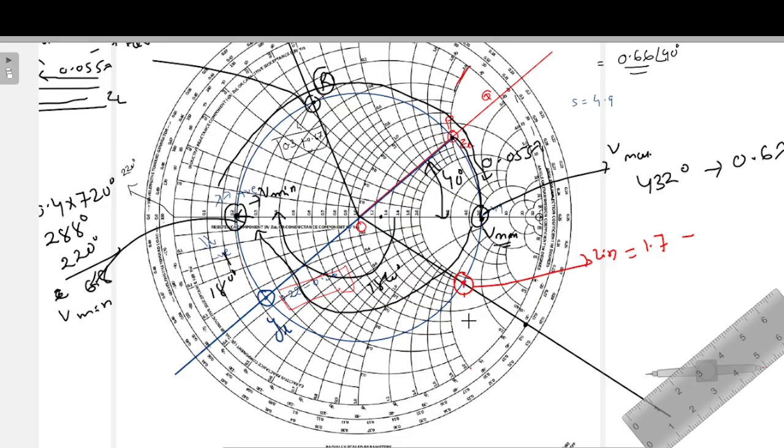If this is 2, this will come around 2.2. Sorry, my sound was muted. So j 2.2.